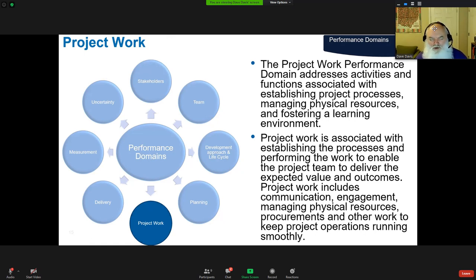This is where we're going to be looking at our risk mitigation and our risk evaluation, our procurements, to make sure that suppliers are delivering what they're expected, that we're processing any sort of invoices and et cetera properly, that we're filling out the paperwork in order to be able to meet the contract obligations or RFPs, et cetera, and keep the project running smoothly, and adapting the work based on the planning outcomes, et cetera.